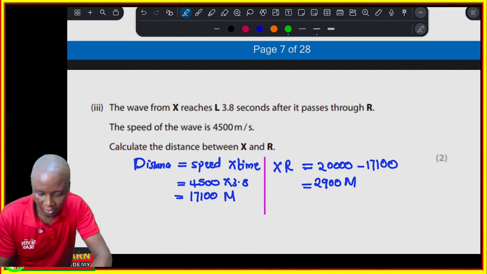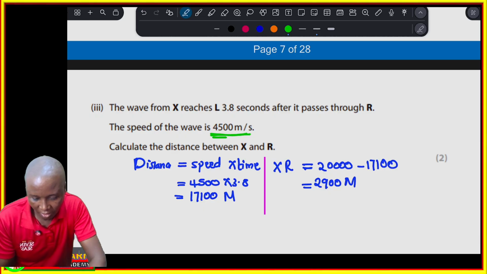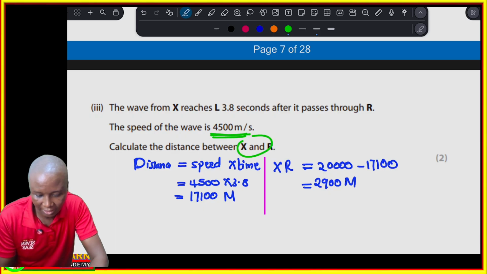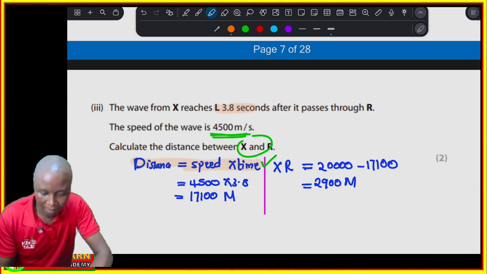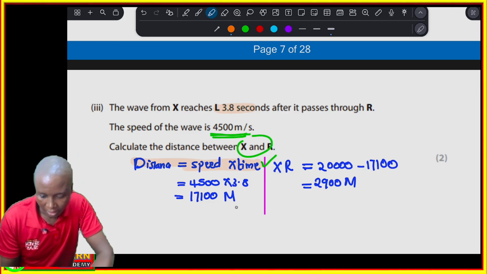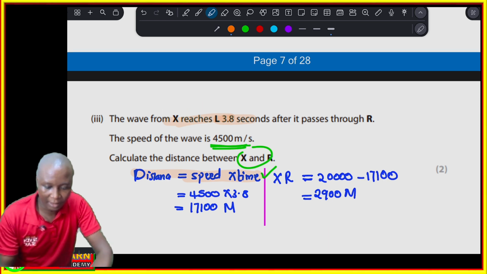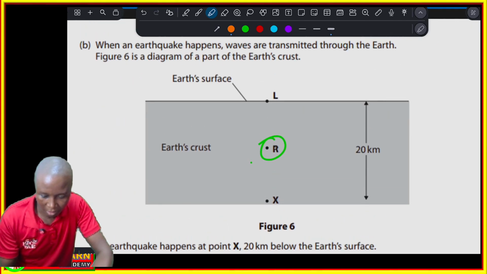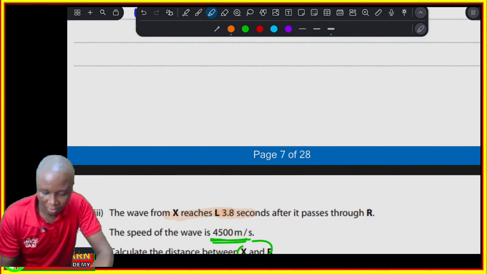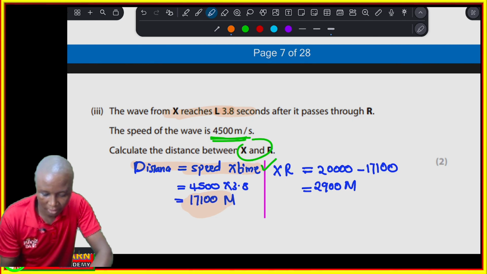The speed of the wave is 4,500 meters per second. Calculate the distance. We need to remember that distance is time times speed. Once you've understood that, use the time provided here to work out the distance traveled between X and L. We get the distance traveled using the formula that is given here.